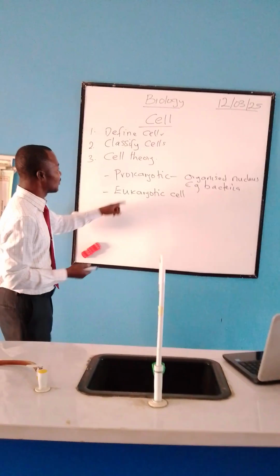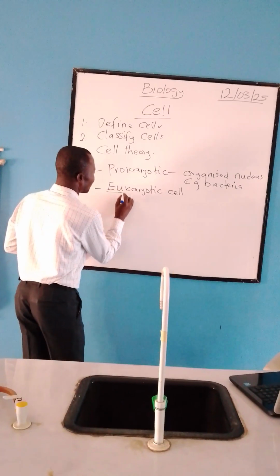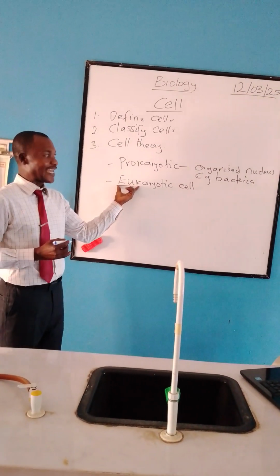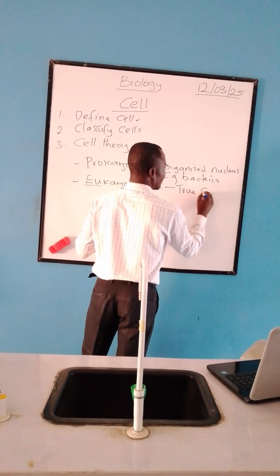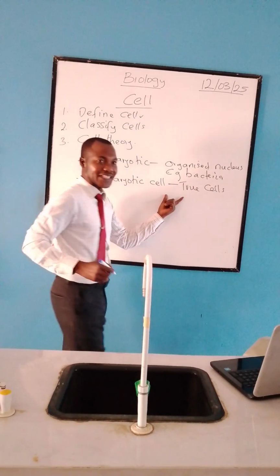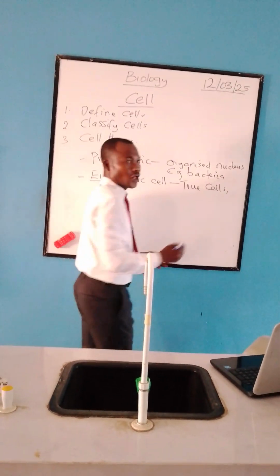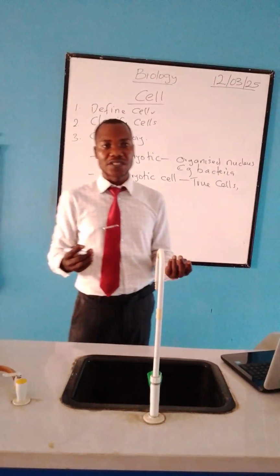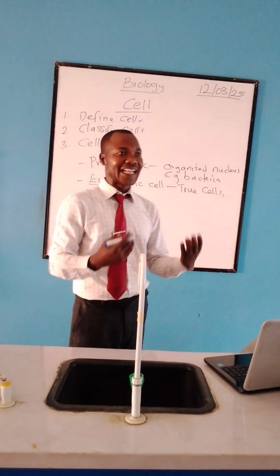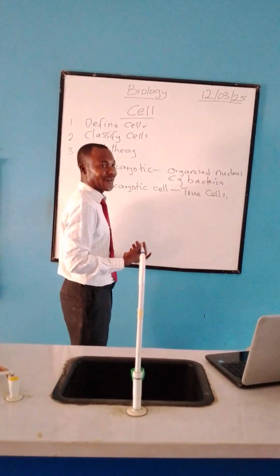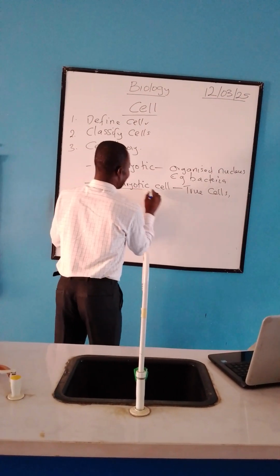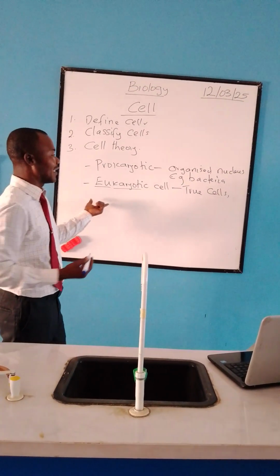Then we have eukaryotic cell. Eukaryotic cell simply means true cell. They have a well organized, membrane-bound nucleus. So they are classified as what? Eukaryotic cell. A good example of this cell are what?